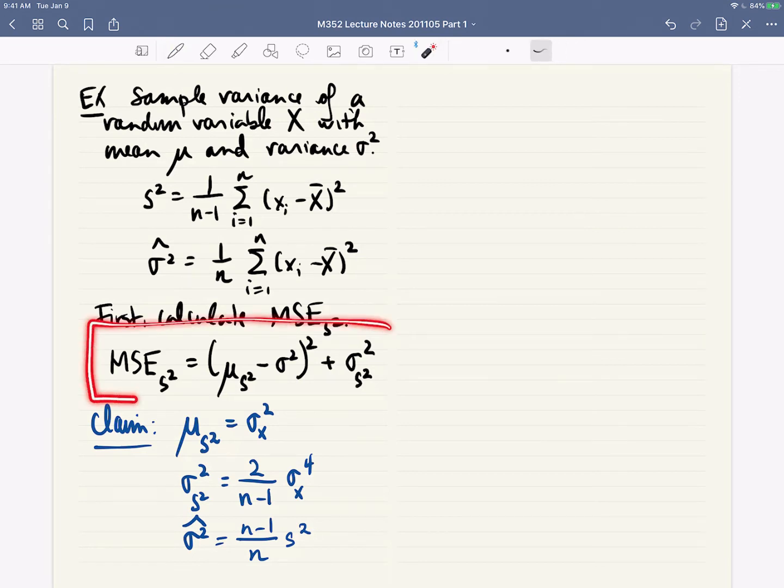So back to this. Here, because the mean of our sample variance equals the variance of our random variable, this is 0. So it tells us that s squared, the sample variance, is an unbiased estimator.